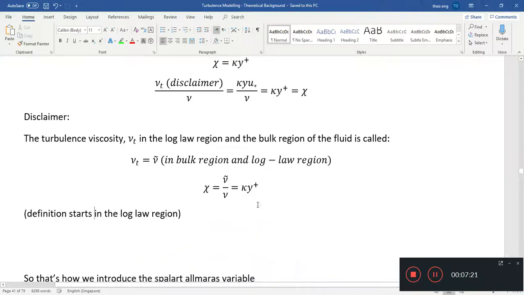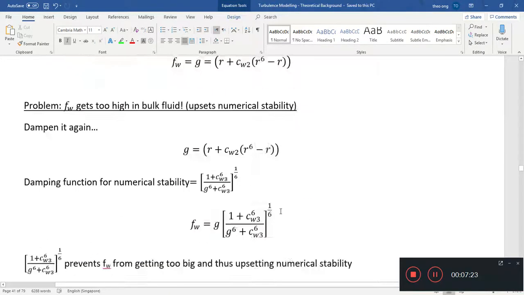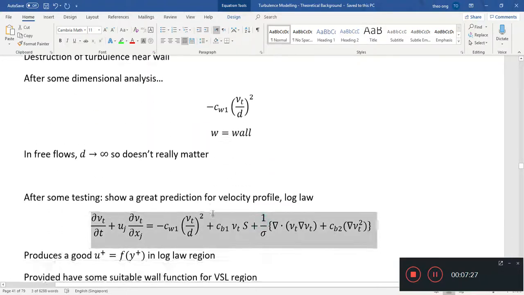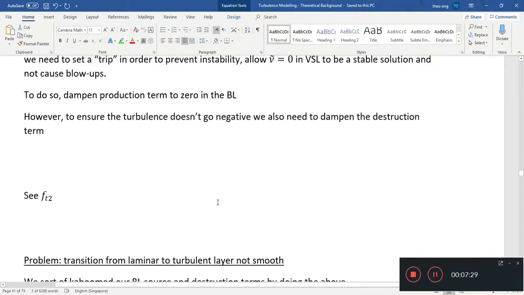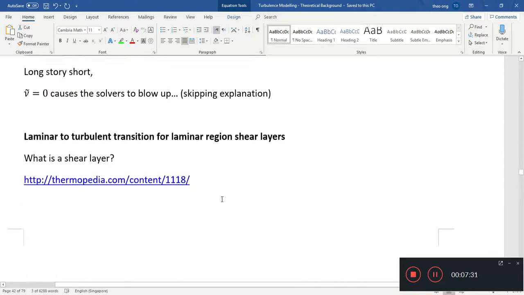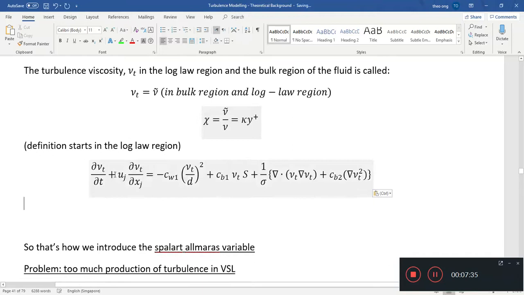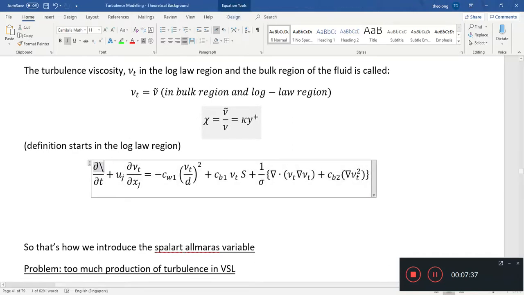So what our equation now looks like: we won't use the term nu t anymore. We will start using the term nu tilde.